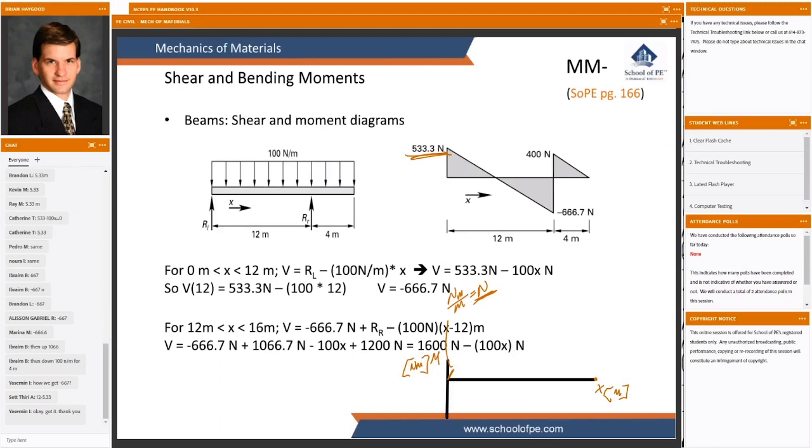So we start at 533. It's kind of pointing as though at the 1 meter mark, we'd have a value of 533. That's what that slope means. That slope is not going to remain constant like the constant horizontal line did there. It's going to trend downward, and by the time we reach 5.3 meters, its value is going to be 0.